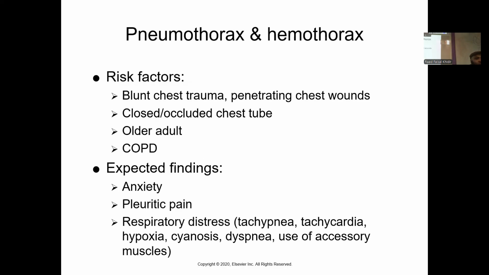Risk factors: when there's blunt chest trauma or penetrating chest wounds, or anxiety, so also you see that people who have pneumothorax or hemothorax. What's the difference between pneumothorax and a hemothorax? Yeah. One is air, another is blood. Absolutely. Pneumothorax is when air flows into the pleural cavity due to a trauma or a puncture. Hemothorax is when now you have blood and a hemorrhage. There's an internal hemorrhage that goes inside the pleural space.